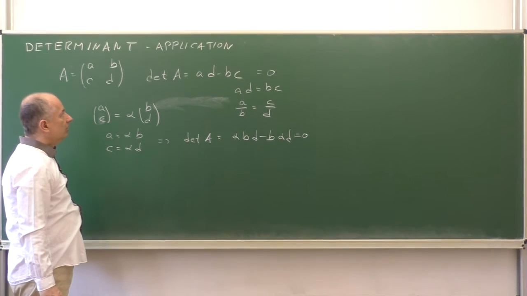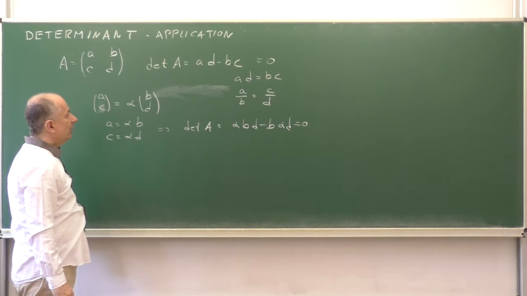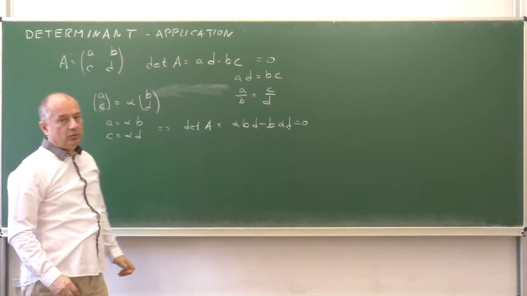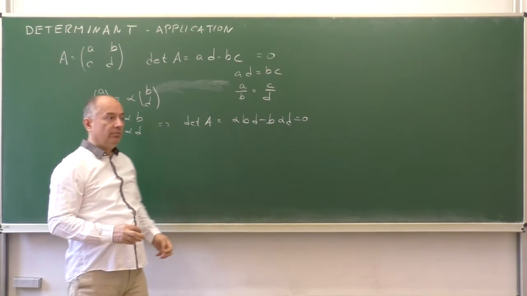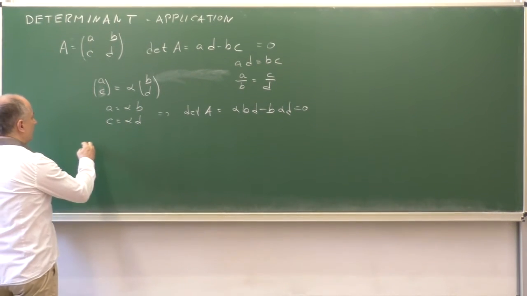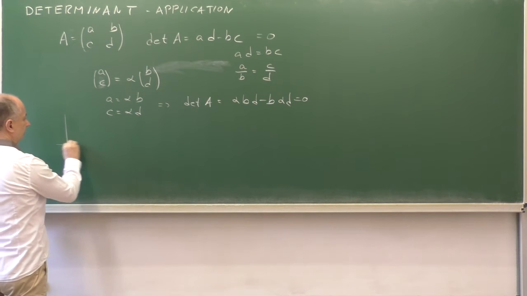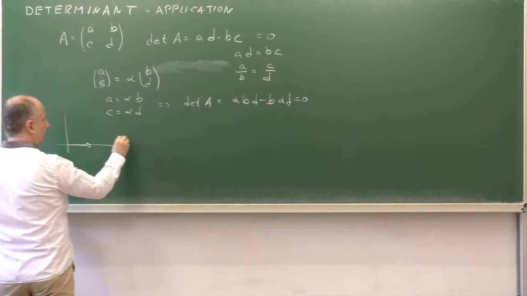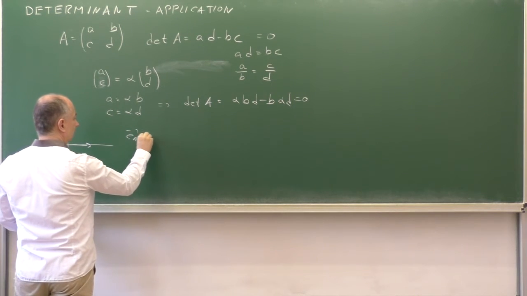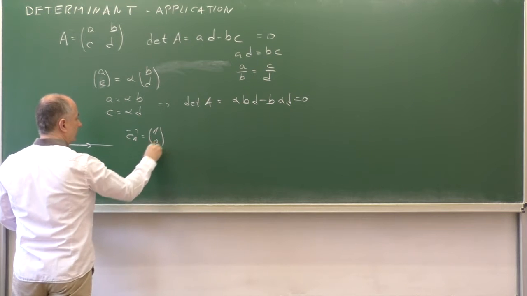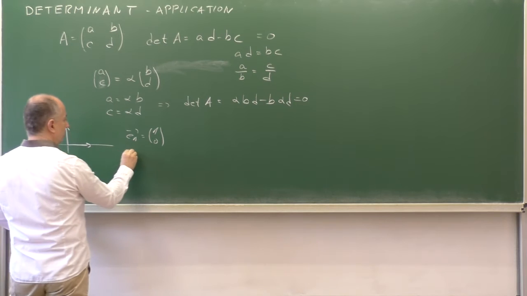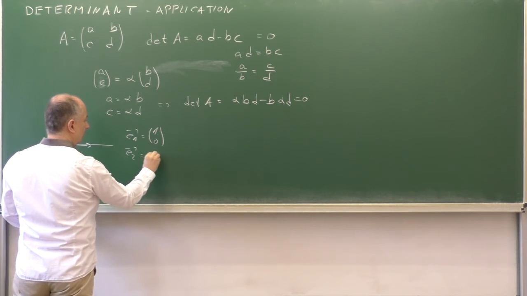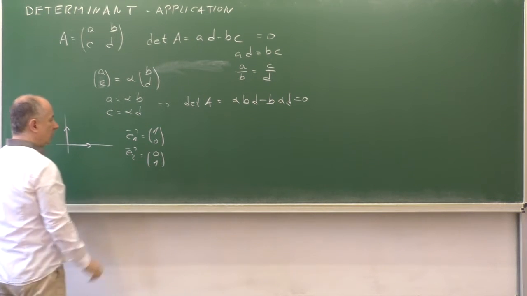Another application of the determinant is the volume of the body described by the matrix. So consider two vectors, vector E1 with components 1, 0, and vector E2 being 0, 1.